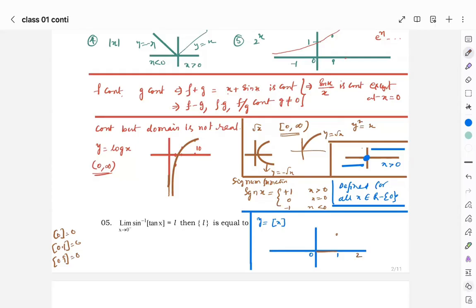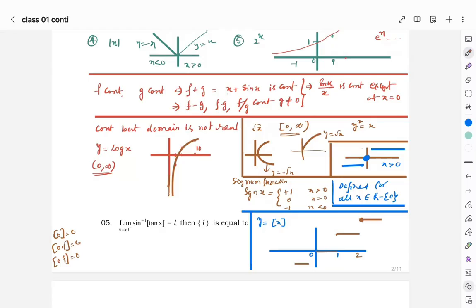Between 1 and 2 it is 1: 1.1, 1.2 give 1. When it comes to 2, it jumps. It is called the step function.